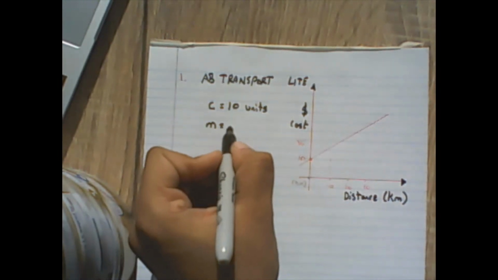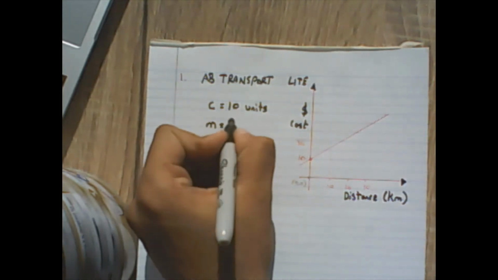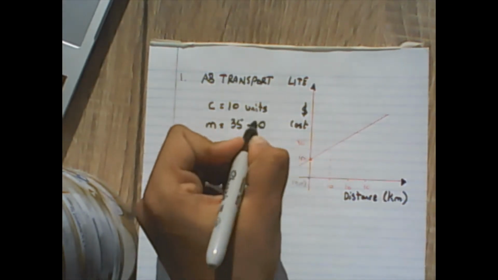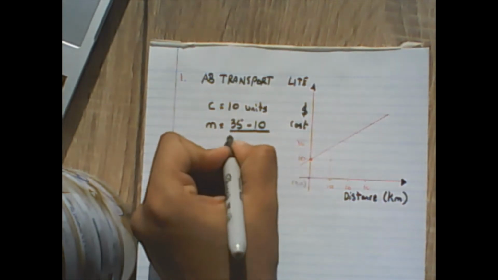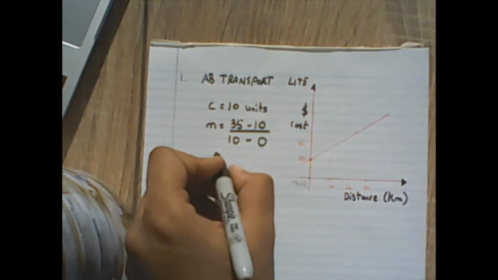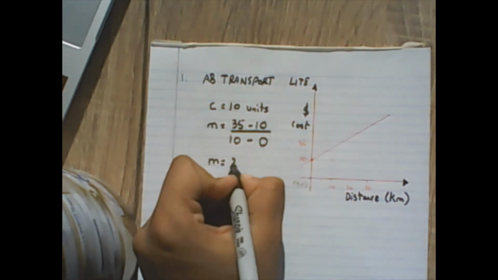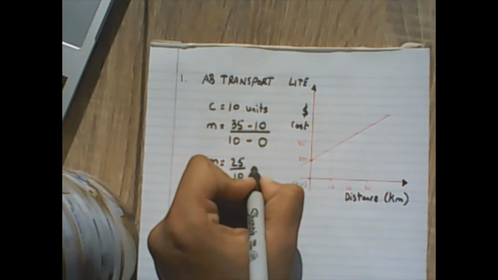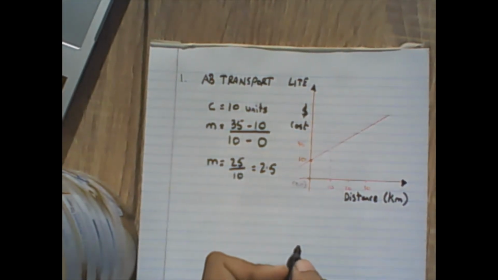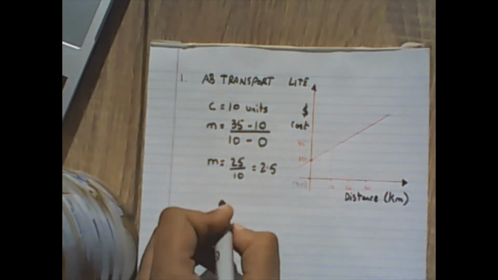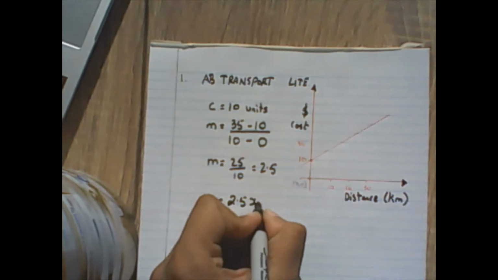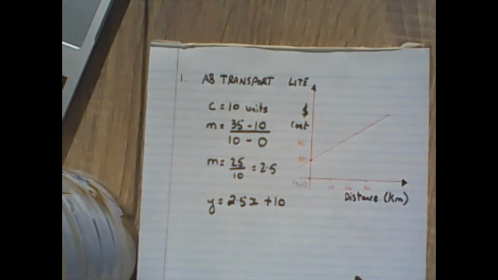So my change in y is nothing but the highest value of y, which is 35, minus the lower value of y, divided by my higher value of x minus my lower value of x. This will give me 25 over 10, which is 2.5 units. So now the equation for my pricing curve here is going to be y is equal to 2.5x plus 10.